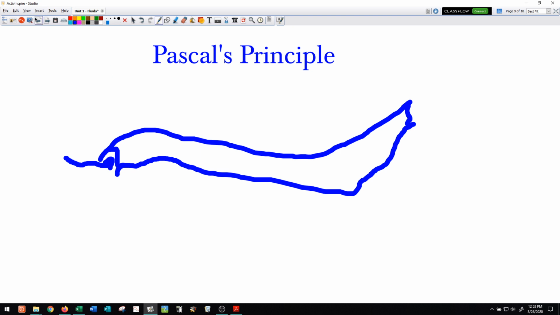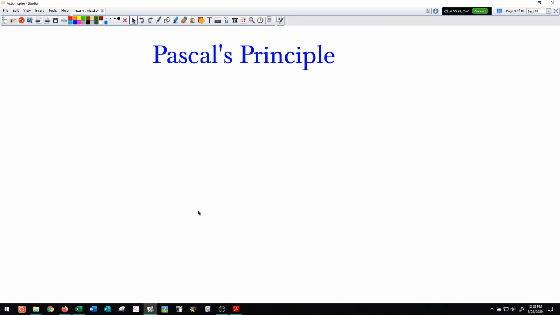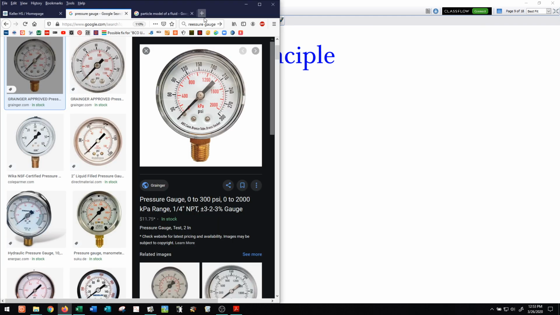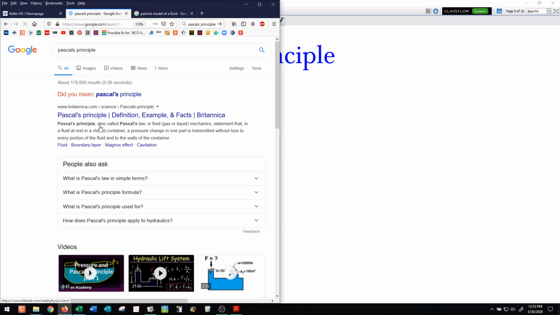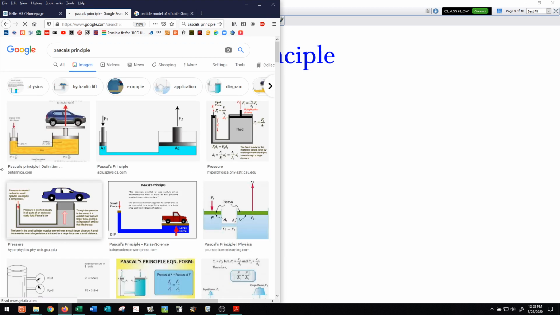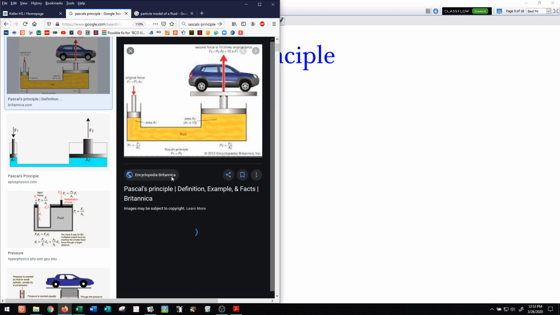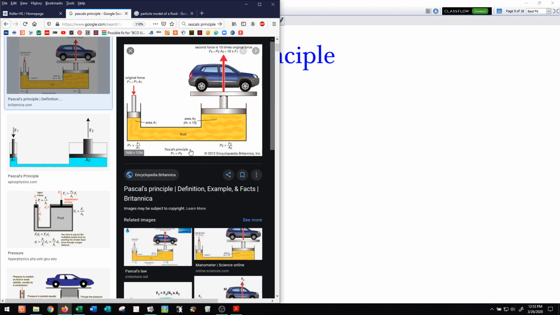And where you see this is whenever we have things like hydraulic jacks. There's a real simple little demonstration that we showed. Let's see if I can find that picture. Yeah, here we go. So something like this is what I would be talking about.